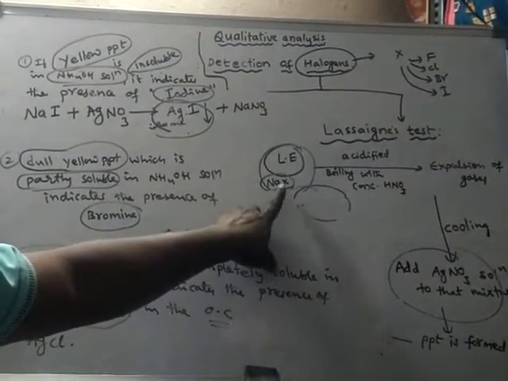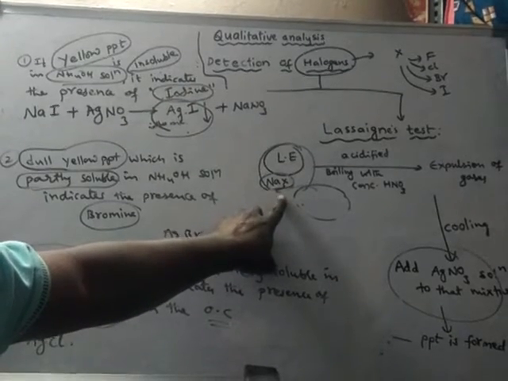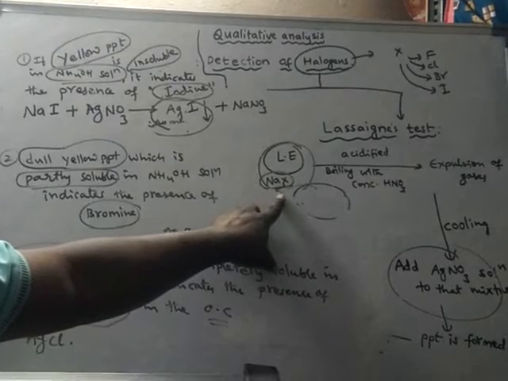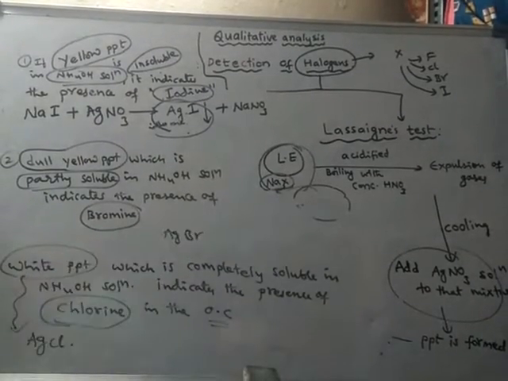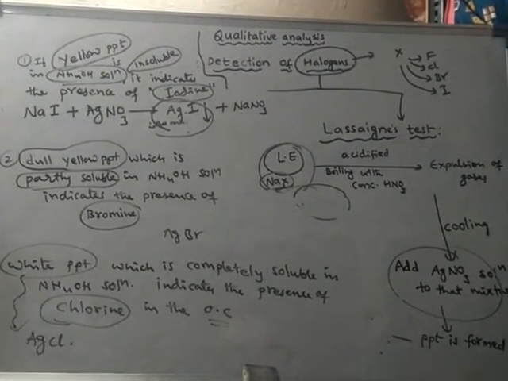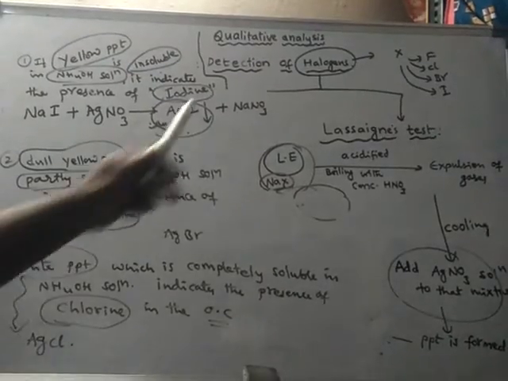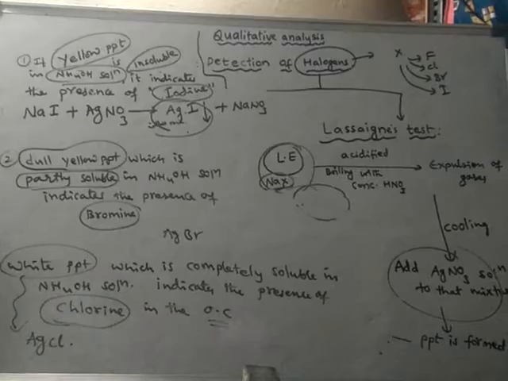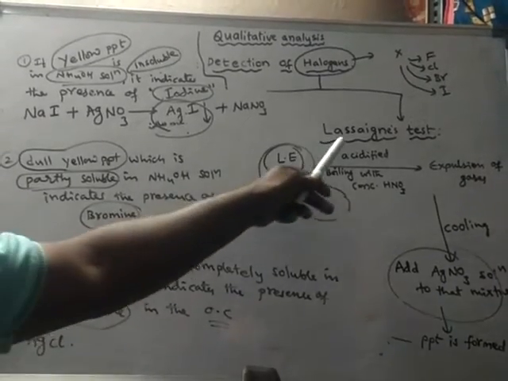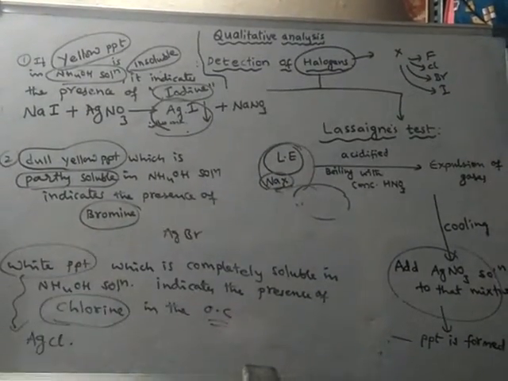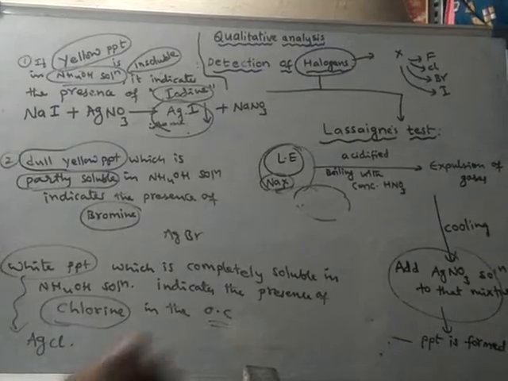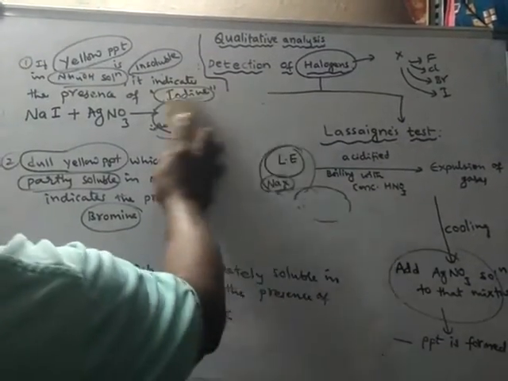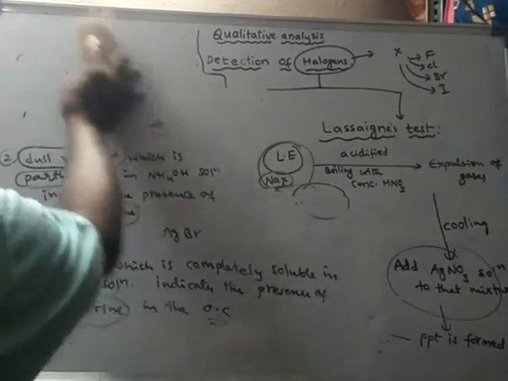So we are conducting experiments on the extract to find which halogen is present. So like this, the detection of halogen can be conducted by Lassaigne's test. Now one question: why do we use concentrated nitric acid in this process?